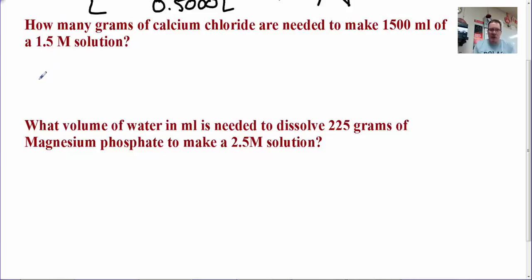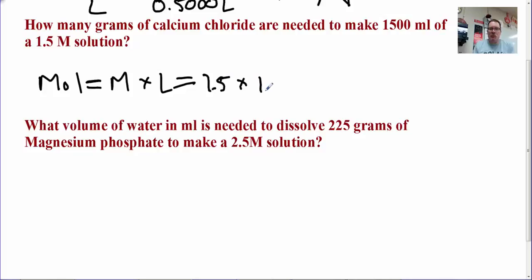As we rearrange the equation, what we need to solve for is the moles, which is the molarity times the liters. The reason I want to get the moles is so I can figure out grams from moles. So that just becomes 1.5 times, and you should know 1,500 milliliters is 1.5 liters, so that really gives me 2.25 moles.